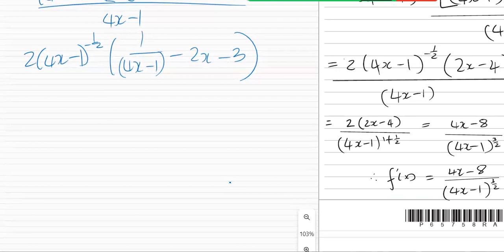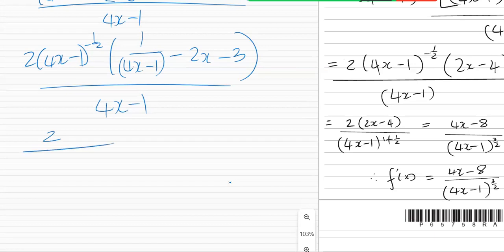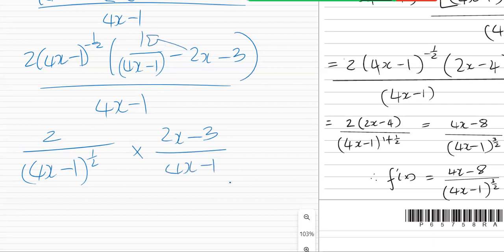So we end up with, don't forget your denominator is 4x minus 1. And I'll do this in a whole different way. I get, oh, what do we get? So 2 over 4x minus 1 to the power of a half is in the denominator. And this is times by 2 minus 3, 4x minus 1. So I just put that.